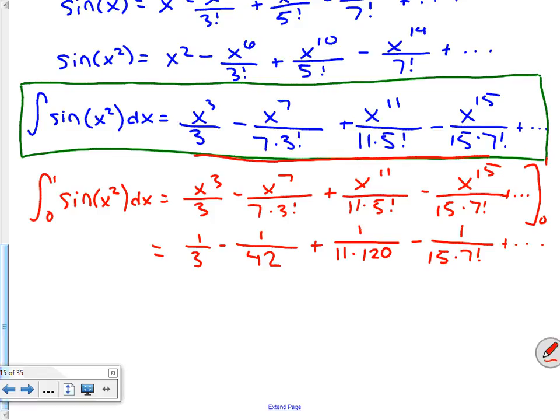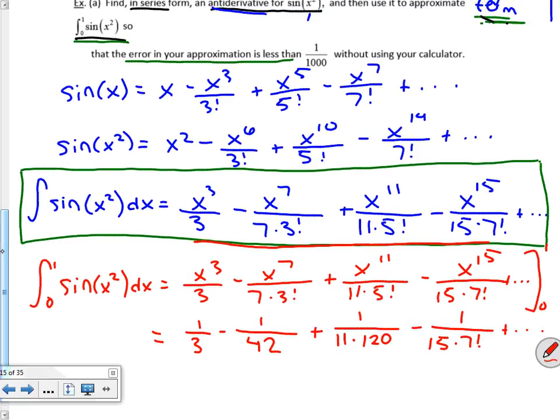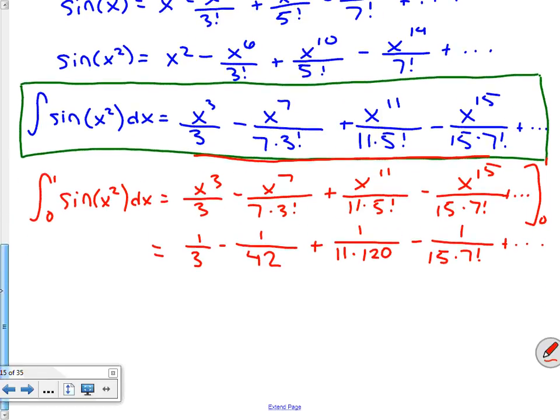Now remember that I want my approximation, if I scroll up a little bit, to have an error less than 1 over 1,000. And to do that, I need to figure out which term will be less than 1 over 1,000. If you look right here, this term, this denominator, is going to be greater than 1,000.